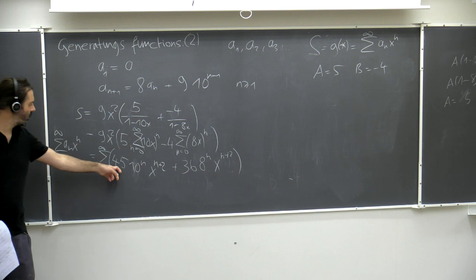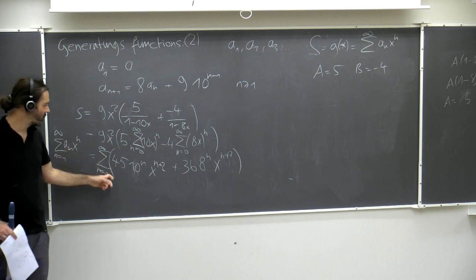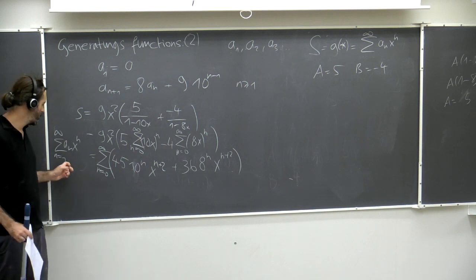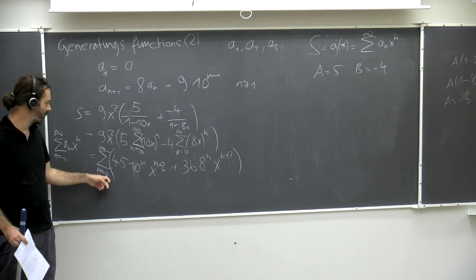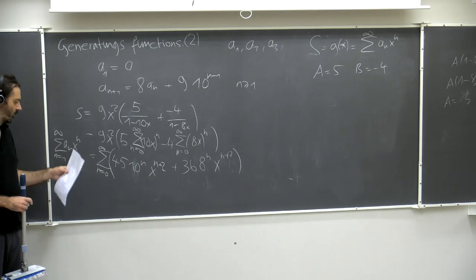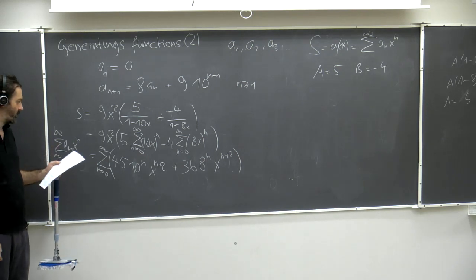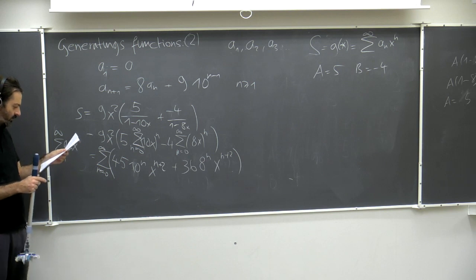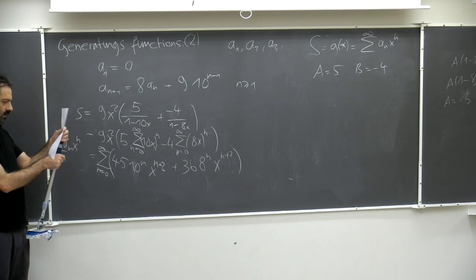From this one, you can almost see the a_n already, but you have to do one additional transformation to write this as a sum from 1 to infinity. How do you do this? Well, you have to substitute the right value.